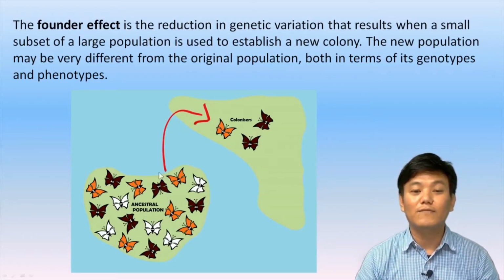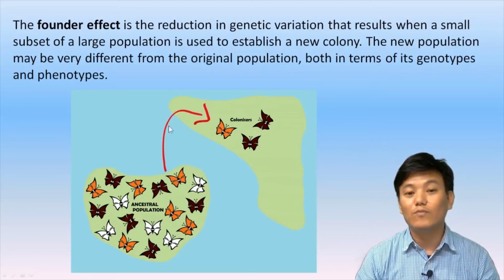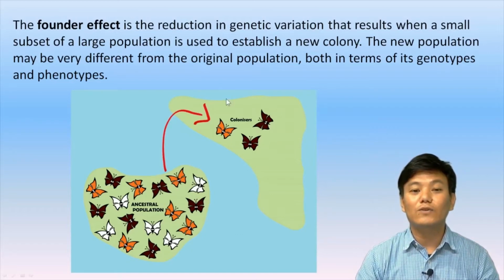The allelic frequency changes. Some of the individuals move to the new island, and over here they establish a new population, and in this new population the genetic variation will be less, right? So the founder population will create a new population where the genetic variation will be less.